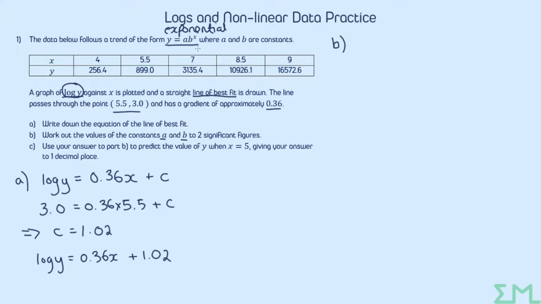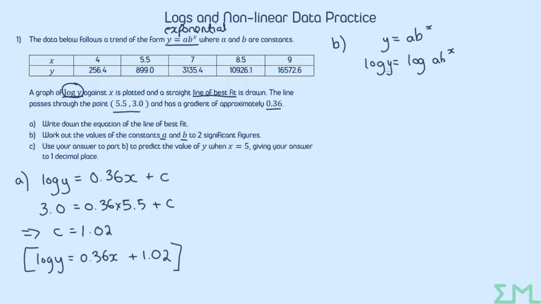This is where we go back to the original model, we apply logs to both sides and we compare that to our straight line equation that we worked out in part A. So we start with y equals ab to the x, and then remember we need to show the examiner that we know how to go from the exponential equation here to the linear log equation.